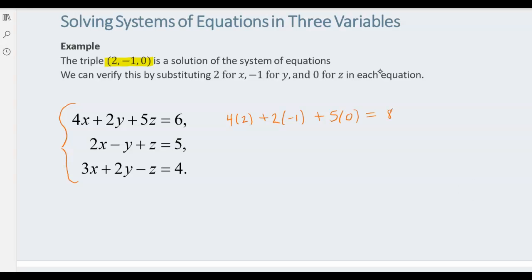Well, 8 minus 2 plus 0. Yeah, we're getting 6 here, so this one works out. For the second one, we would have 4 plus 1 plus 0. Yeah, that equals 5, right? And for the third, 6 minus 2 minus 0 gives us 4. So we can see that that is the single solution that makes each of these three equations true.